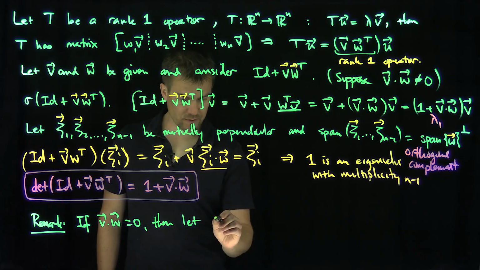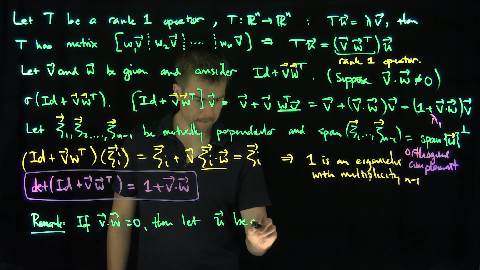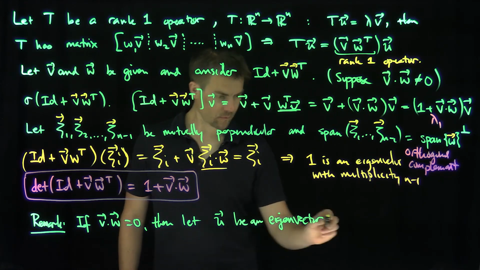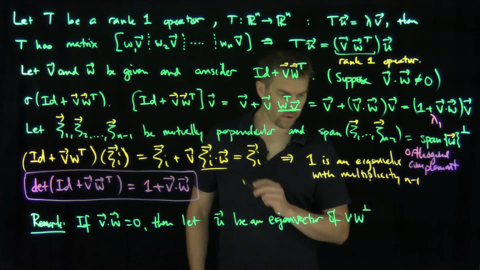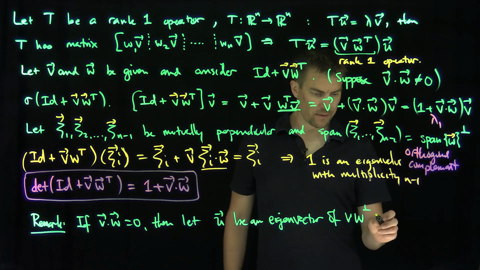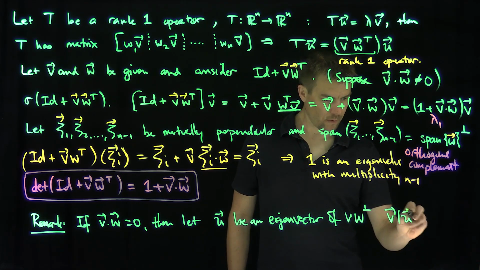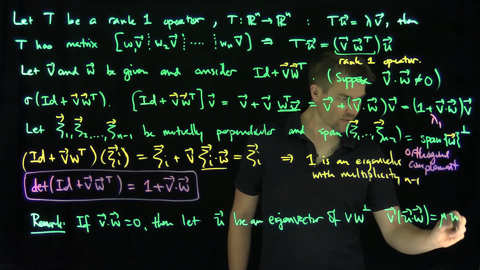Let's use u. Then let u be an eigenvector of this rank 1 operator v w perp, right? And that would say that v times u dot w is equal to, let's say, mu times u, right?